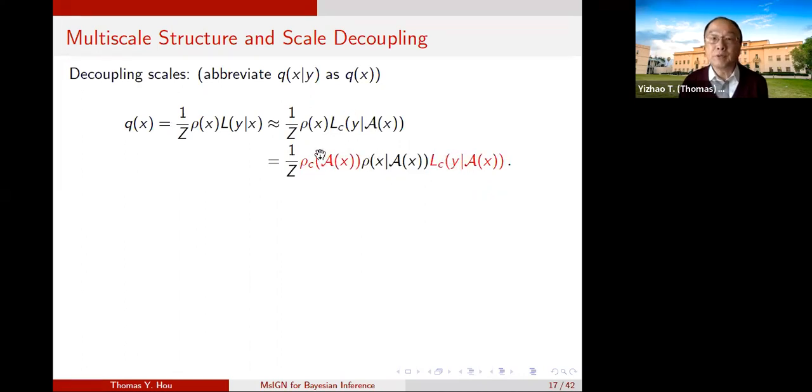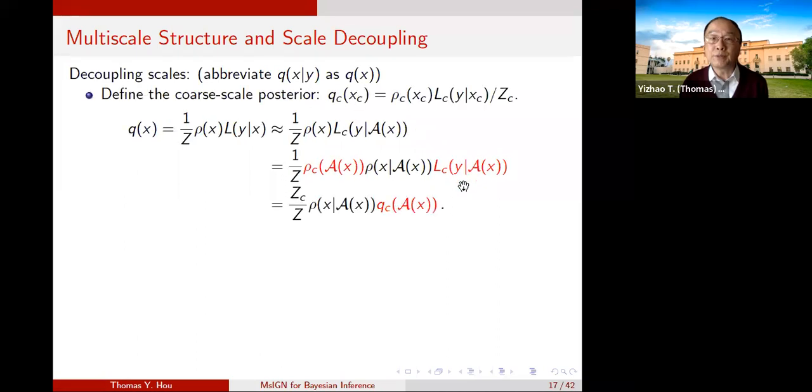And then you further notice that these two products together we denote as QC, meaning that this is the corresponding target distribution at the coarse grid level. There's a corresponding normalization ZC, right? So you can approximate or decompose the original target distribution on the fine grid into a coarse grid version of the target distribution, and then based on this conditional probability of the pi distribution rho.